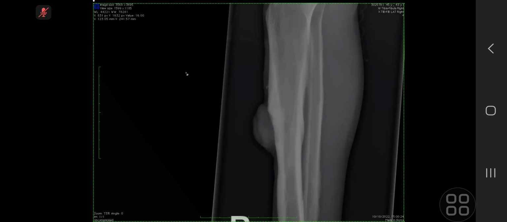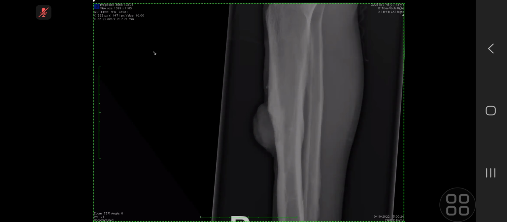But I think there is a locally invasive lesion which is causing the underlying cortical erosion. And as I've seen on the frontal projection, there is slight periosteal reaction on the lateral aspect of the tibial diaphysis. So this can be an aggressive lesion with a soft tissue component as well.